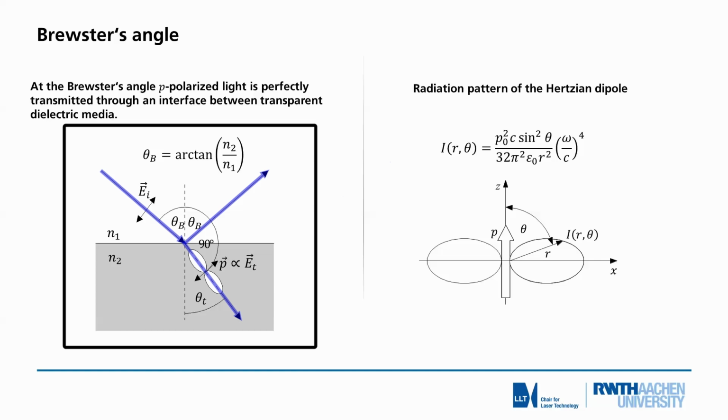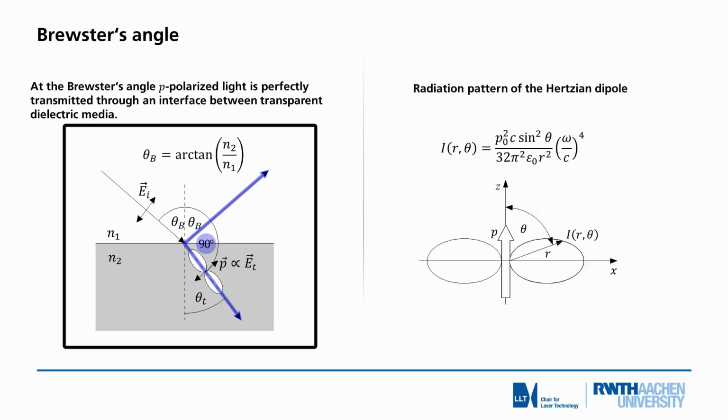However, the transmitted beam, the transmitted and absorbed beam, is in this special case sketched here exactly perpendicular to the reflected beam. So if the transmitted beam and the reflected beam share an angle of 90 degrees, something very special happens.